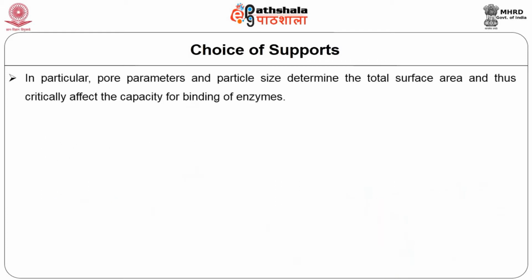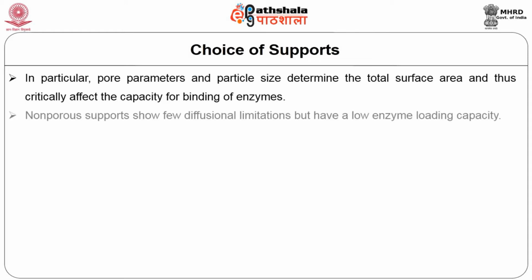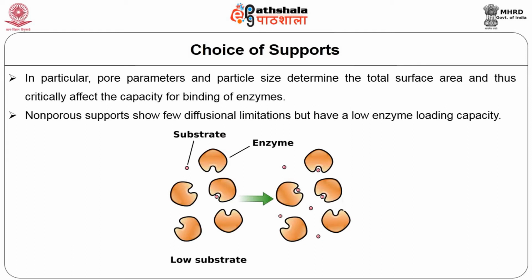In particular, pore parameters and particle size determine the total surface area and thus critically affect the capacity for binding of enzymes. Non-porous supports show few diffusional limitations but have a low enzyme loading capacity.